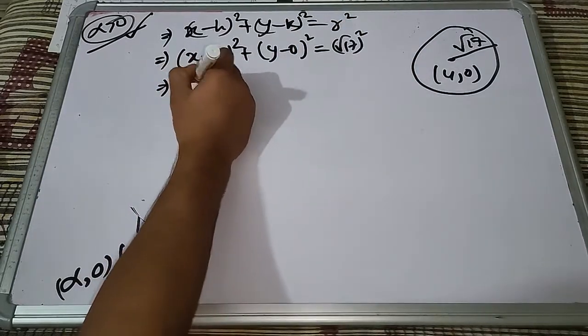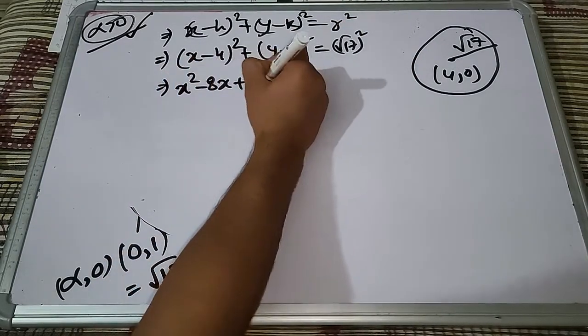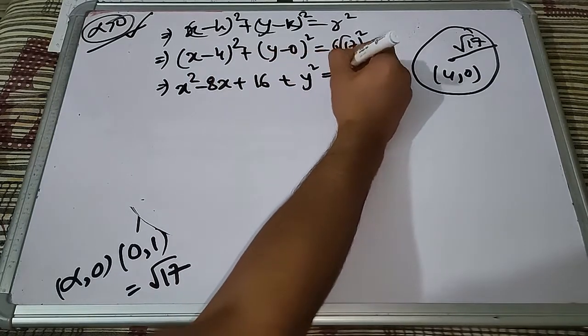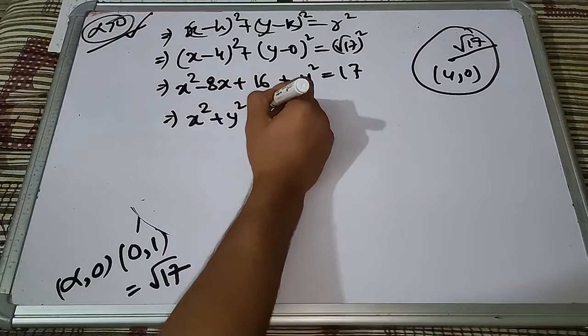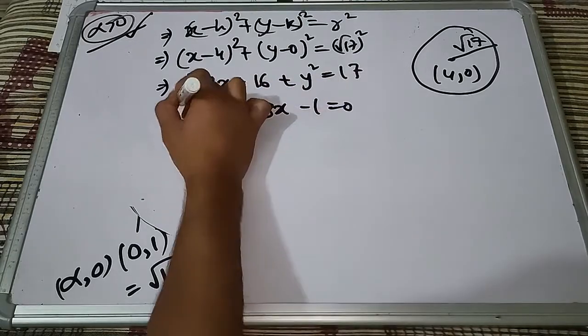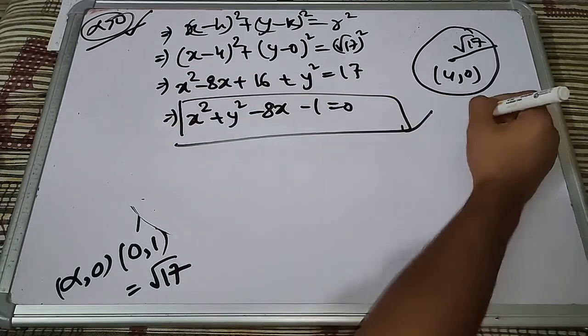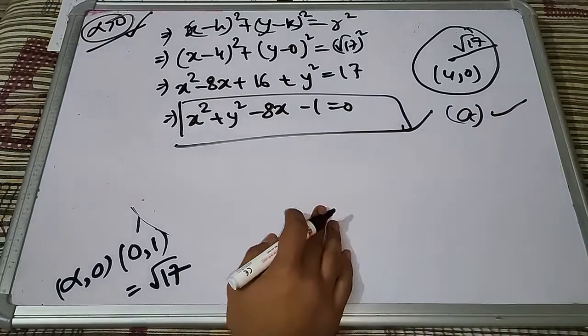So this becomes x square minus 8x plus 16 plus y square equals 17. Therefore x square plus y square minus 8x minus 1 equals 0. And this was our option A. Therefore option A is the correct answer.